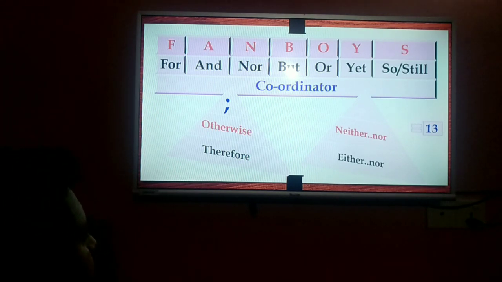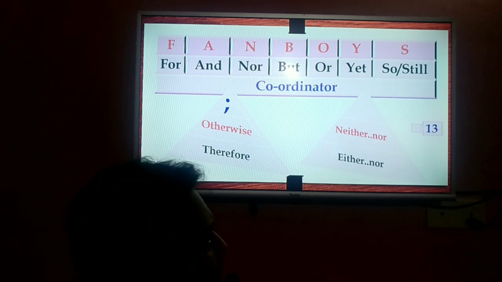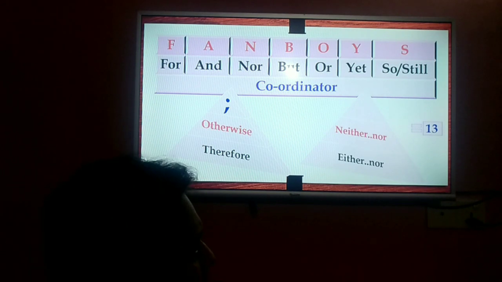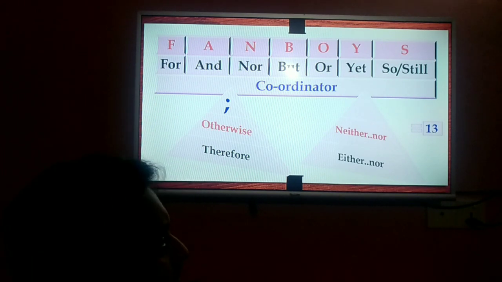Besides this, there are more coordinators: therefore, otherwise, semicolon, either or, not only but also, neither nor. Total 13.